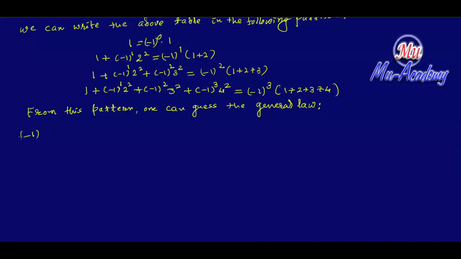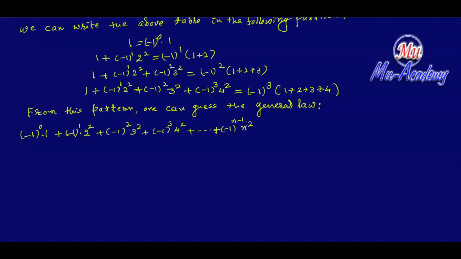Minus 1 raised to 0 into 1 plus minus 1 raised to 1 into 2 square, that is 4, and plus minus 1 raised to 2 into 3 square plus minus 1 raised to 3 into 4 square plus etc. I can write down minus 1 raised to n minus 1 into n square, because in this first one 0, second one 1, third one 2, fourth one 3, and so forth.